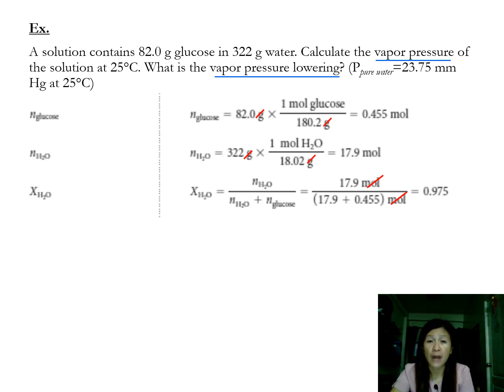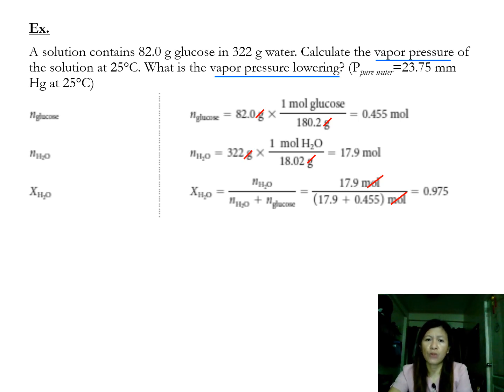X means the mole fraction of the solvent, as indicated here, water. So water is our solvent. To do that, we will use the mole fraction equation that we discussed in the first video on solutions: the moles of the solvent divided by the moles of the solvent plus the moles of the solute, or simply the total moles of the solution.